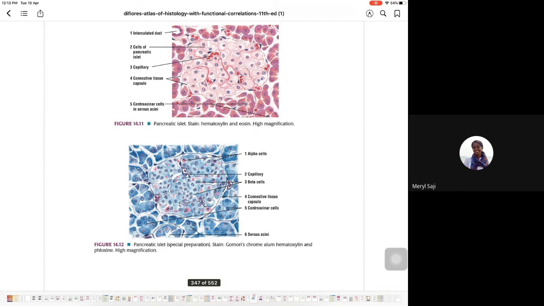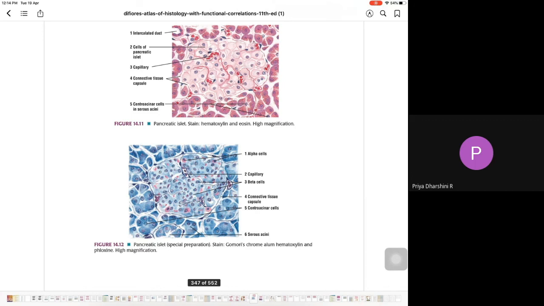Figure 14.12, pancreatic islet, special preparation, stain Gomori's chrome alum hematoxylin and phloxine, high magnification: alpha cells, capillary and beta cells, connective tissue capsule, then centroacinar cells, and serous acini. Probably if you do IHC, you may see glucagon in alpha cells, insulin in beta cells. On H&E you cannot see it.